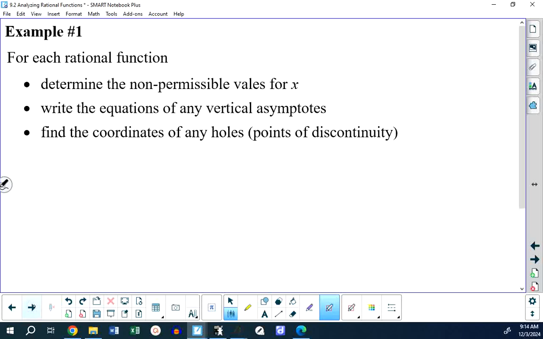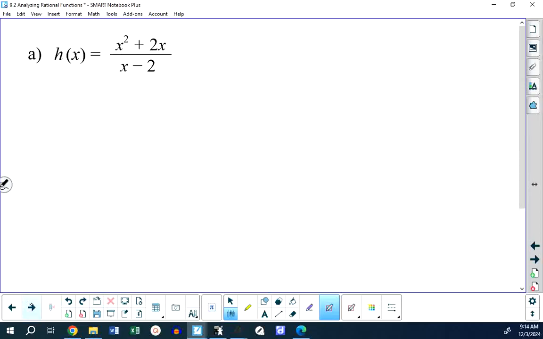For each rational function, determine the non-permissible value, determine any vertical asymptotes and coordinates of any holes. So the key to these problems is factoring everything completely. I can factor for h of x an x out of the numerator.